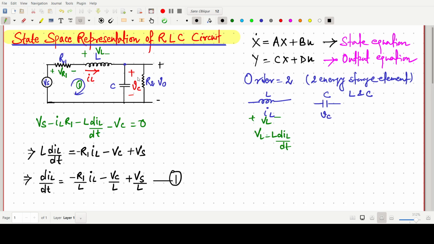One equation we have already written. Now one more equation we have to write.